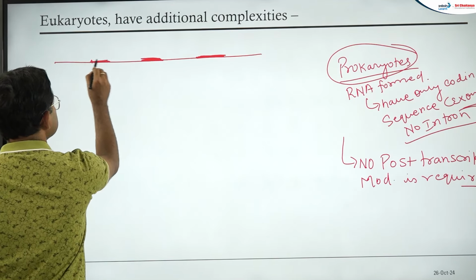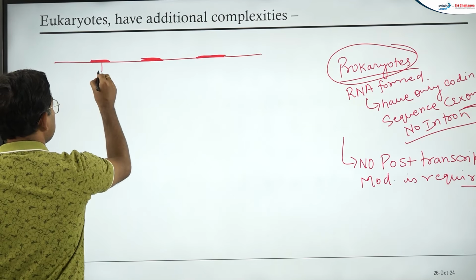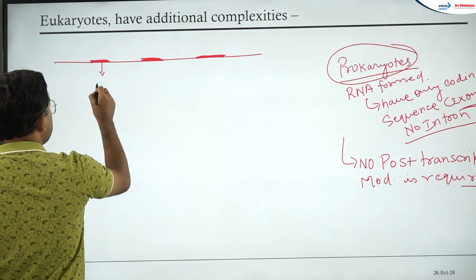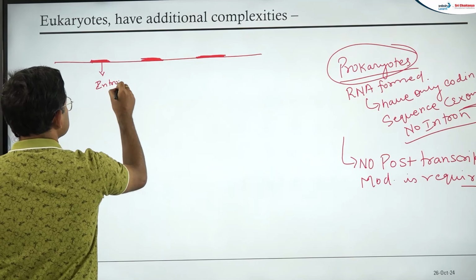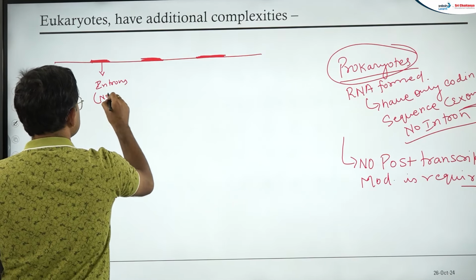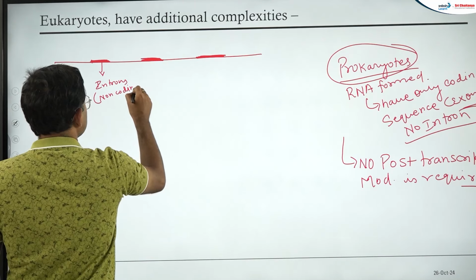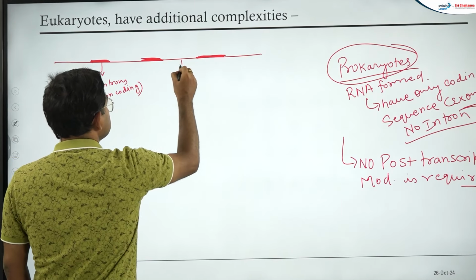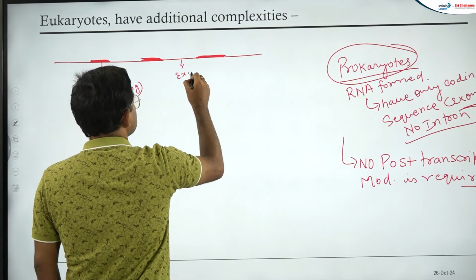So let's consider this as the non-coding sequence. The non-coding sequence is called the introns, and the coding sequence is called exons.